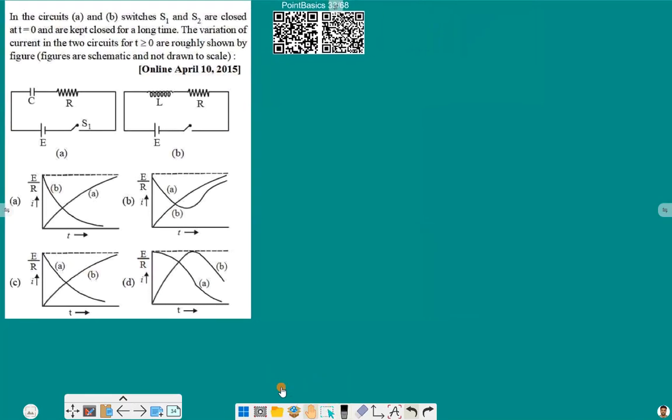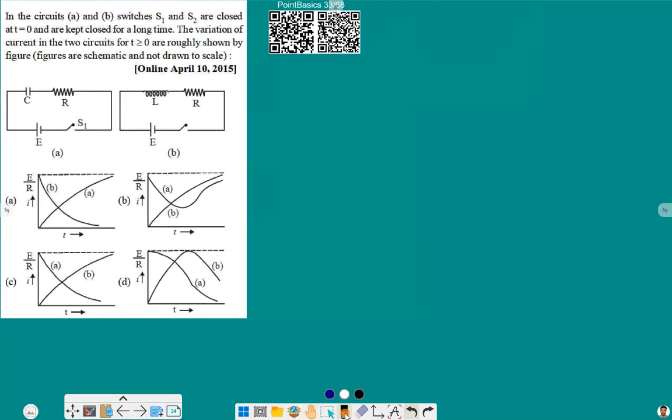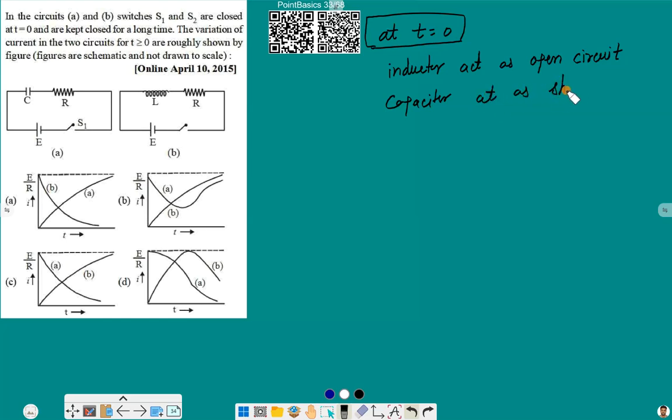Now we know the basic concept here, that at t equal to 0, the inductor acts as an open circuit, meaning the inductor does not allow current buildup when we press the switch, whereas the capacitor acts as a short circuit.